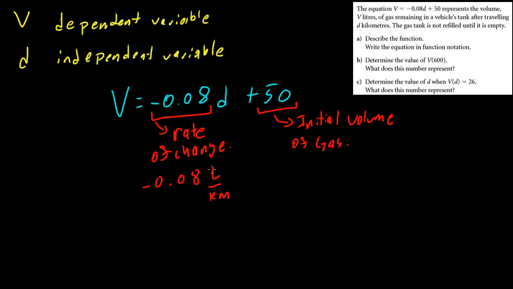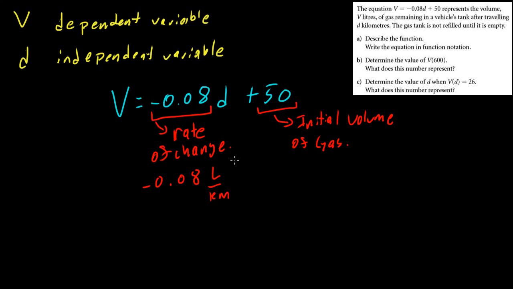I know it's liters because that's what my second set, volume, is measured in. I know it's kilometers because that's what my first set is measured in. So it's a rate of change where we're using up 0.08 liters per kilometer driven, and that's really what this 0.08 means.